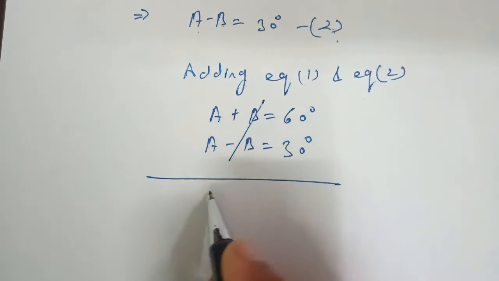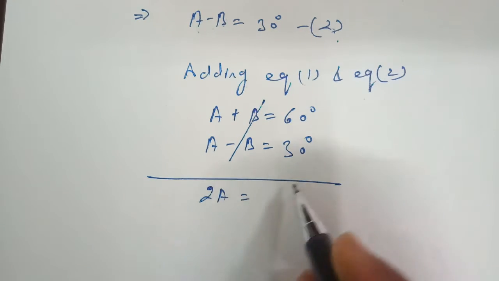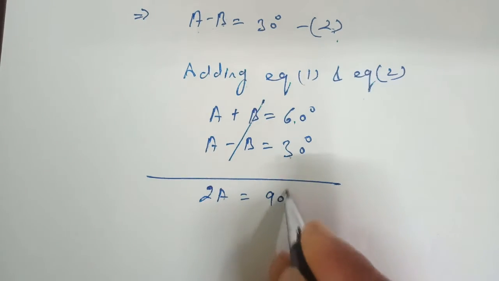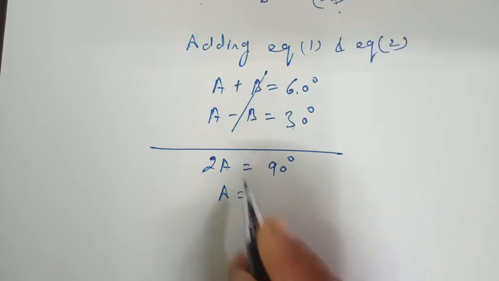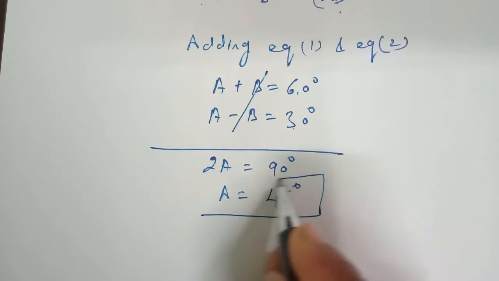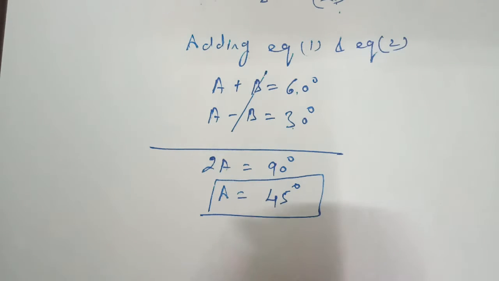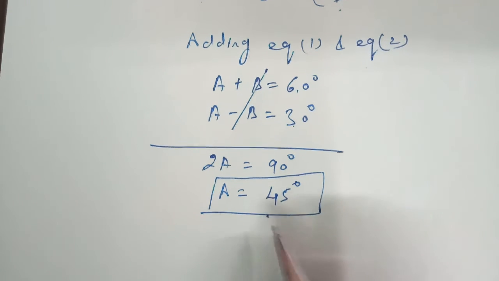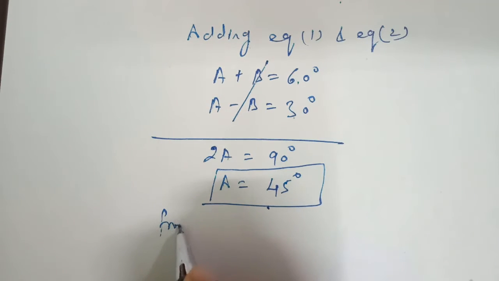So these two will be cancelled. We get 2A equal to 60 plus 30, that is 90 degree. And when we transpose 2 to the other side, we get 45 degree. So the value of A is 45 degree. Now substituting the value of A in any of the equations, first or second. I am taking equation number 1.